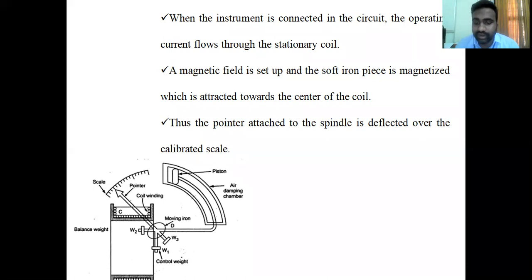That means whenever the instrument is connected to measure current, the operating current flows through this stationary coil of the electromagnet. On this slide I have placed the figure again. The current flows through the stationary coil, and a strong magnetic flux is set up by the electromagnet.